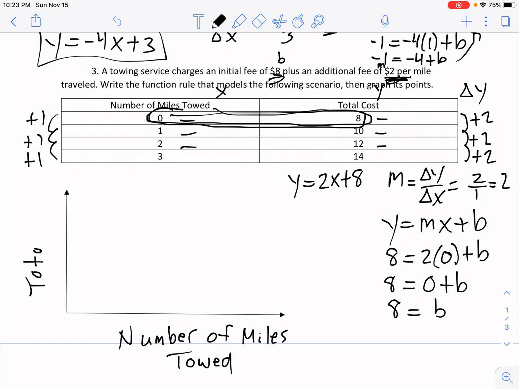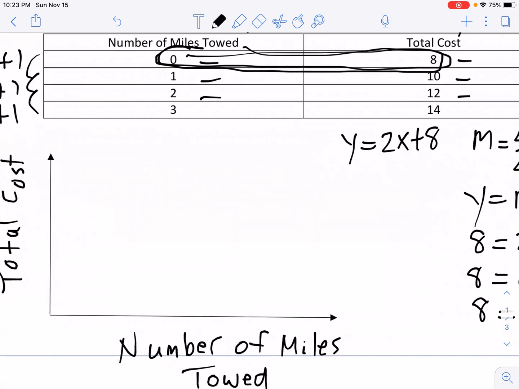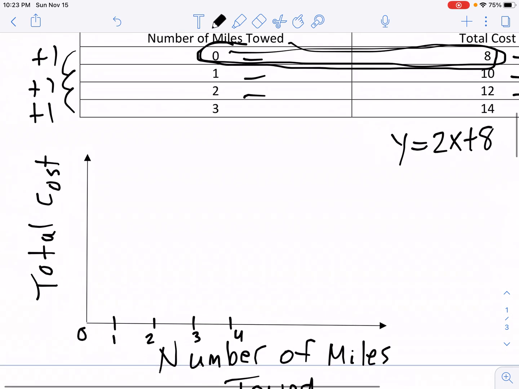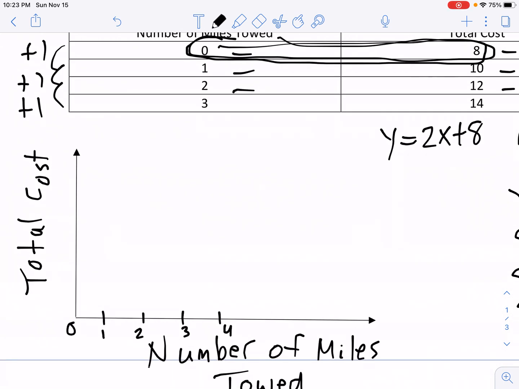Let's label our axes to make this nicer. For number of miles towed, we can go by ones: 0, 1, 2, 3, 4, and so on. And then let's go by twos over here: 2, 4, 6, 8, 10, 12, 14.